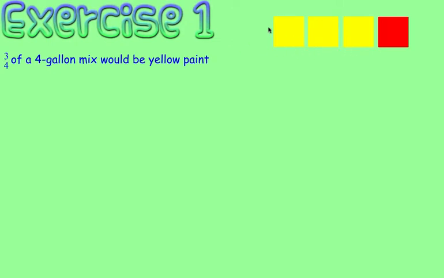Okay, so let's say that in 1 gallon, I know that it has to be 3 parts yellow and 1 part red. So this gallon right here would be 3 parts yellow and 1 part red. Okay, so all of this makes up 1 gallon.